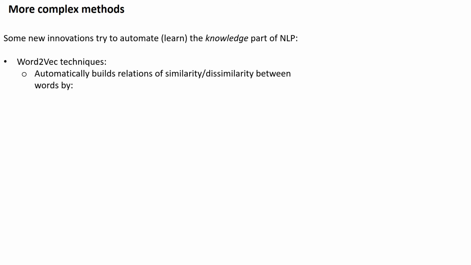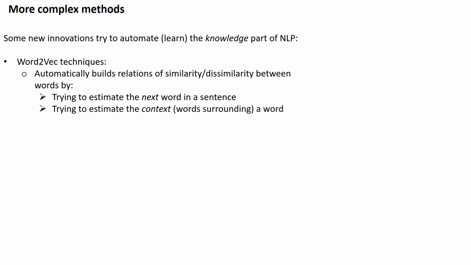And by doing that, they also try to automatically, in an implicit manner, attain some understanding of language as well. It does that first by trying to estimate the next word in a sentence, or trying to estimate the context, the words surrounding a word. Okay, this is way too complex, so let's unpack that.